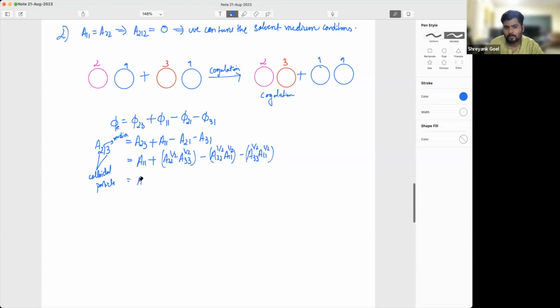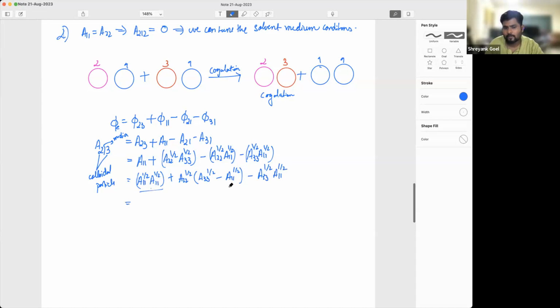Let's collect A11. I can put like this also. Then A22, if I collect, it becomes A33 minus A11 minus A33, A11 to the power half.